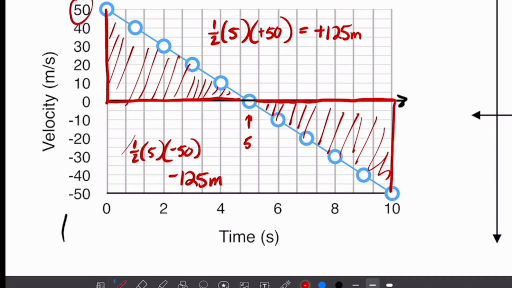Well, if I was just talking about yesterday, so far this object moved a total of 250 meters. Distance traveled: 250 meters. 125 meters away, 125 meters back towards. But its displacement is 0. So it came back to where it started.